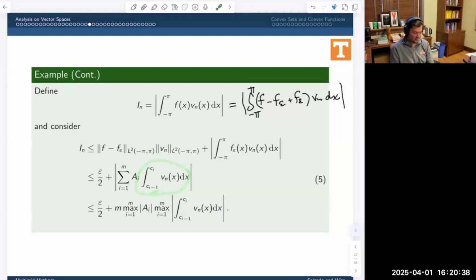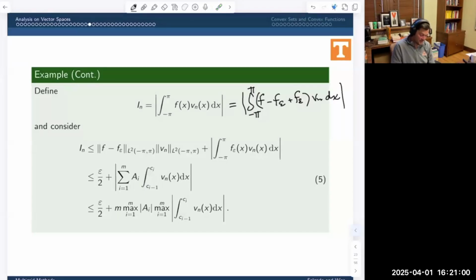There are other ways you can do it. You don't have to take the maximum here. Now, where is this m coming from? Well, the m comes from, we're taking the maximum, so we're going to have to replace everything else by that maximum. And we're replacing n terms in the maximum, so we get an m out front, okay?